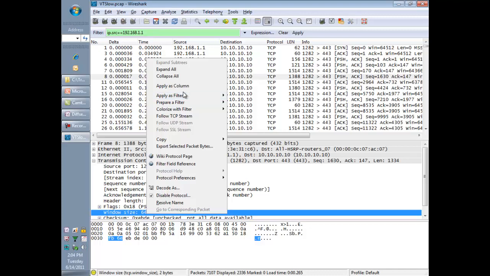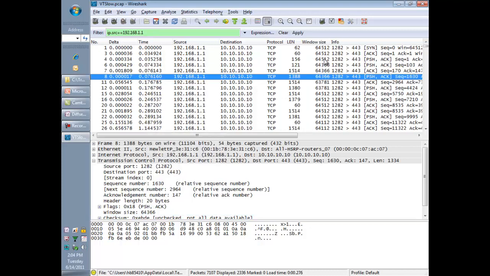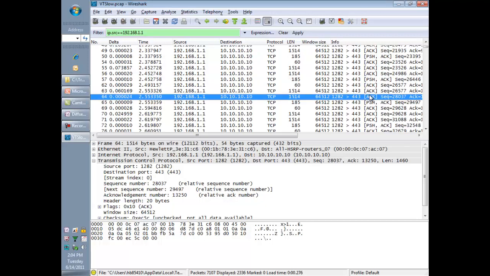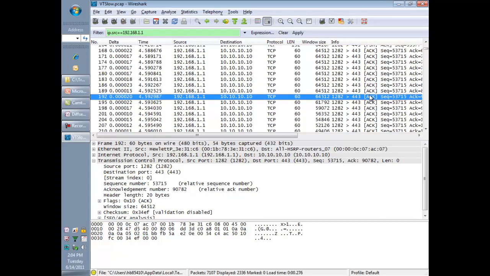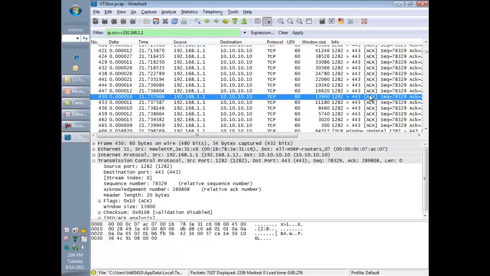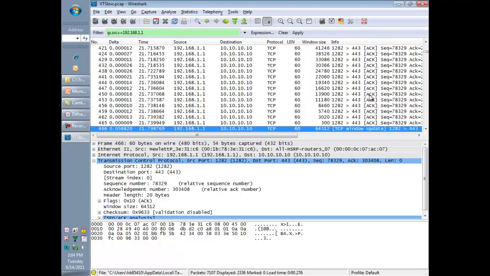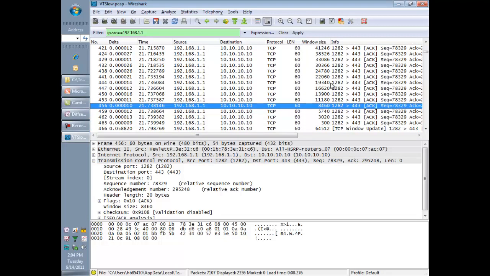Let's apply this as a column. Okay, here's the window size, only sourced from 192.168.1.1. And as we scroll down, so far so good. What happened there? So this column right here is the window size.